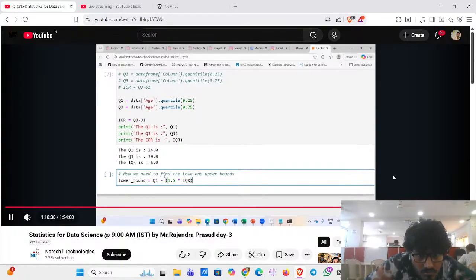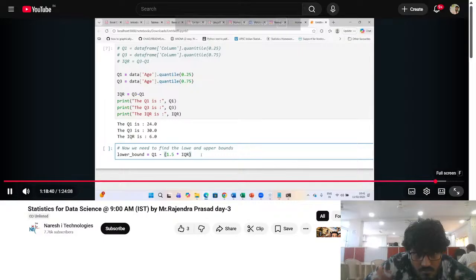So put in the bracket 1.5 into IQR. This is the lower bound.